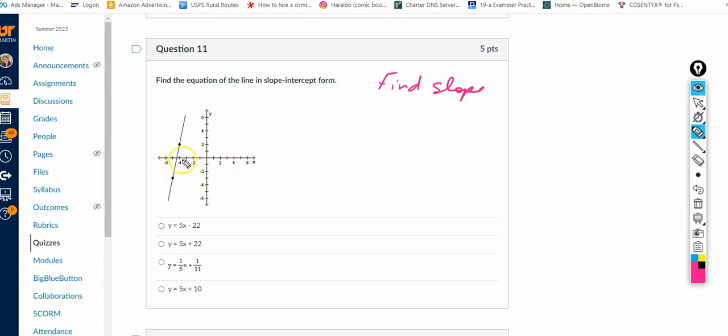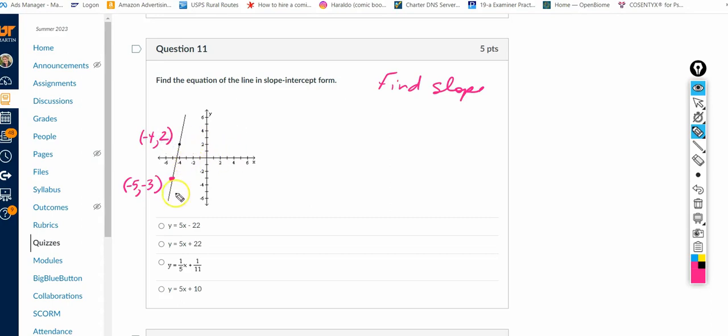But the ones that they have given to us, this one here, its x coordinate is -5. And its y coordinate is -3. And this one here, its x coordinate is -4. And its y coordinate is 2.